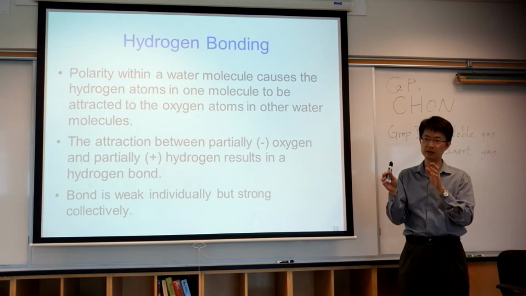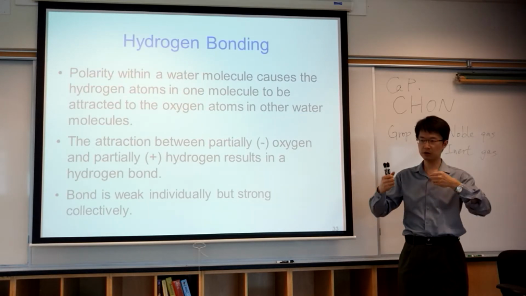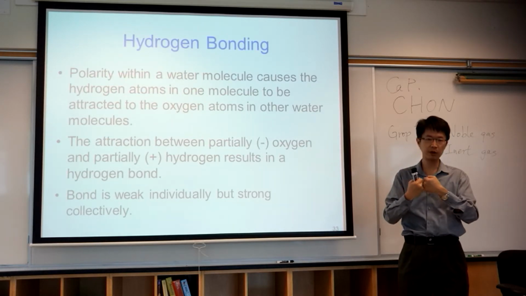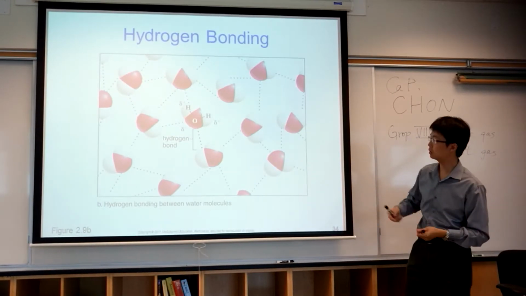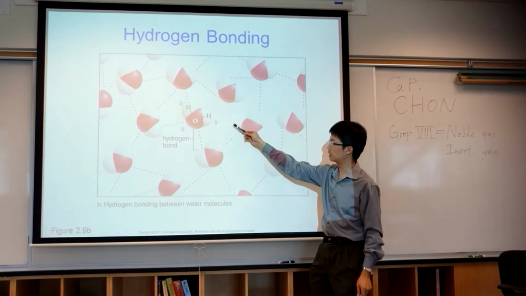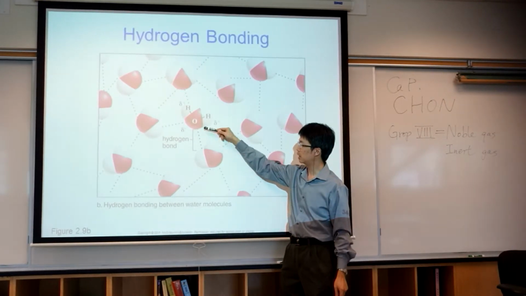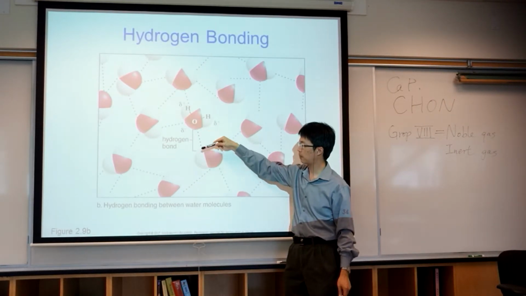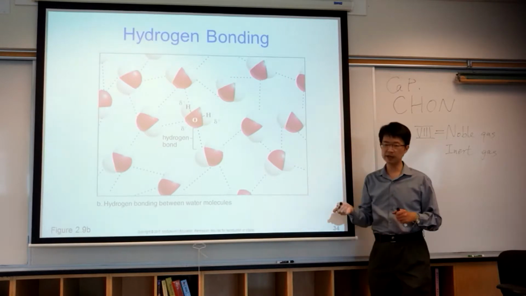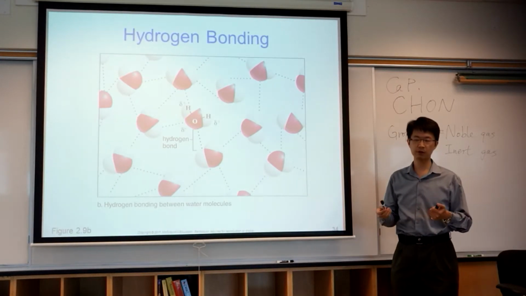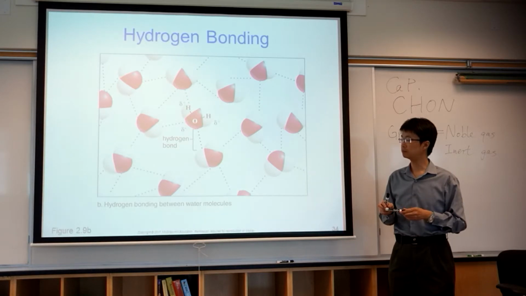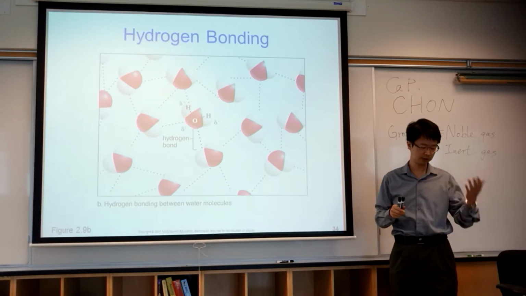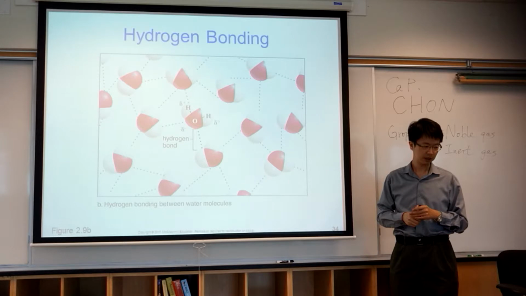Because of that, the attraction is weak, a lot weaker than the ionic bond. You can see it here, slightly positive, slightly negative, and then they form a bond here. Because it is only slightly positive, slightly negative, the attraction is a lot weaker than what we call the ionic bond.